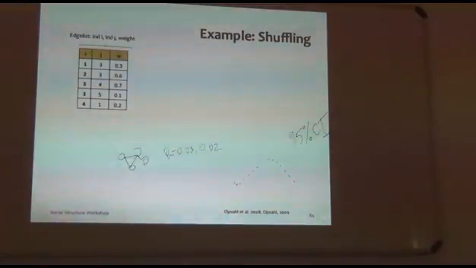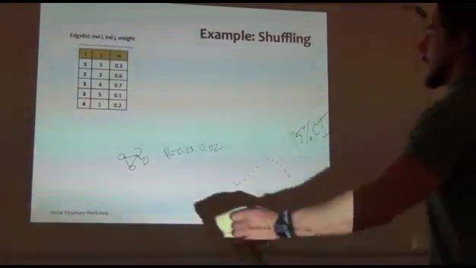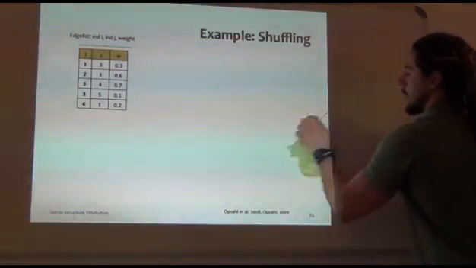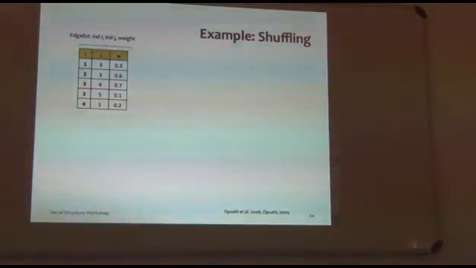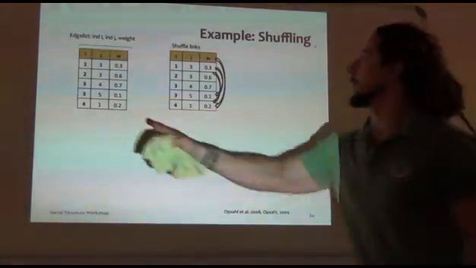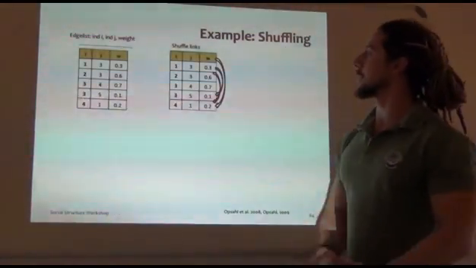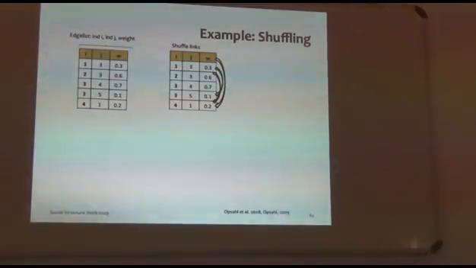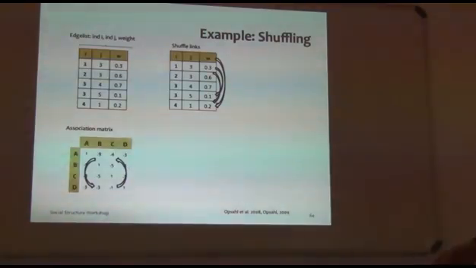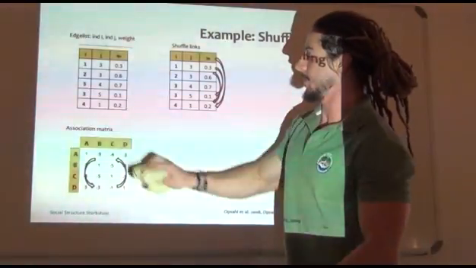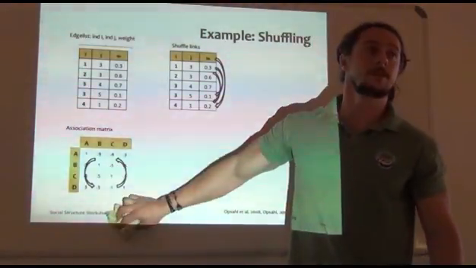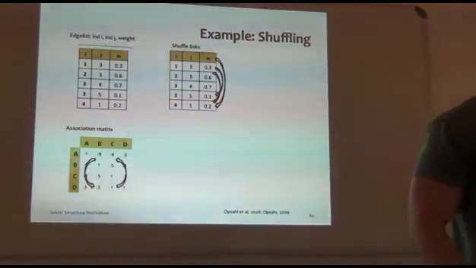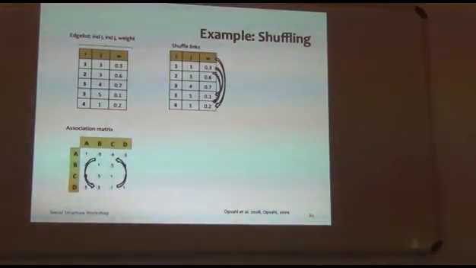So if you're working on the edge list now, we have the individuals and the weight of interaction. So we can either shuffle the weights around them, which is the same thing as shuffling your association matrix, right? It's just two different ways of looking.